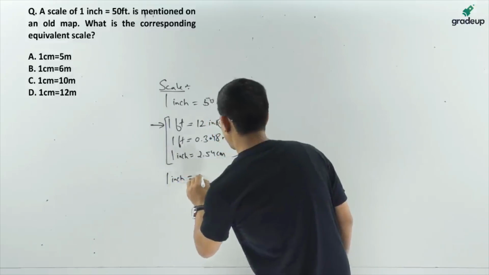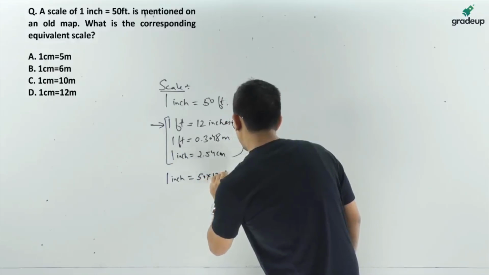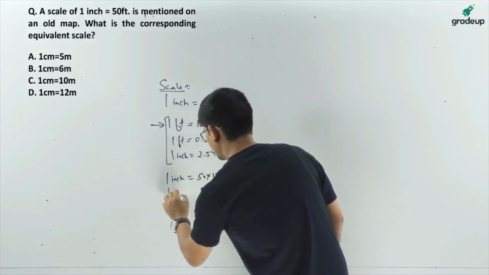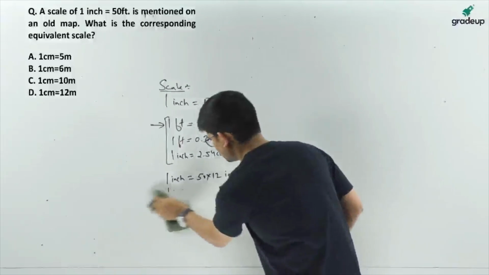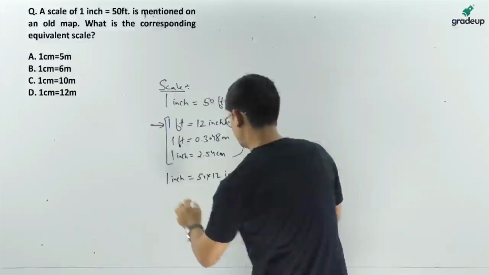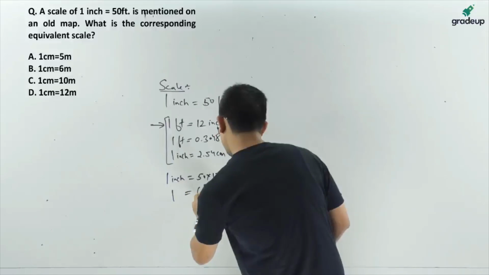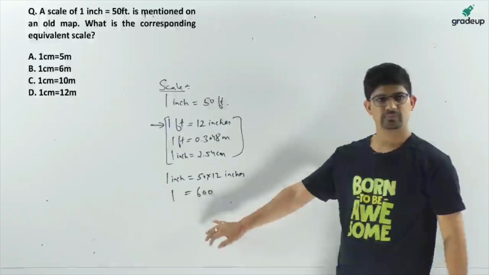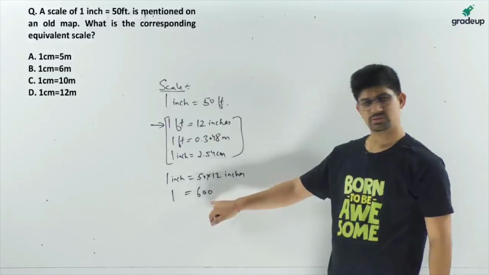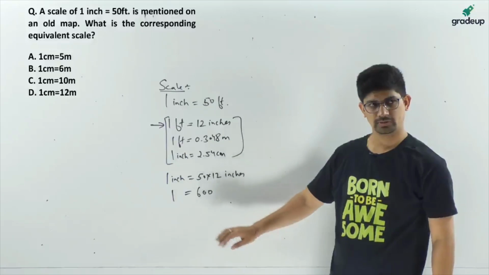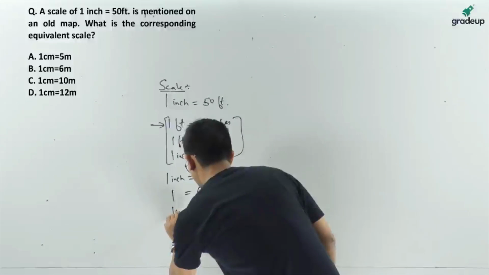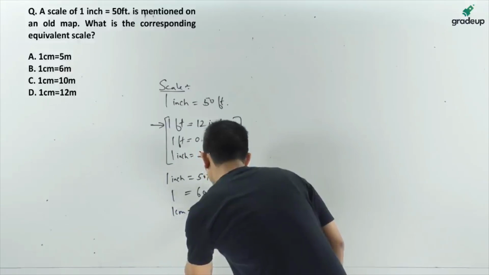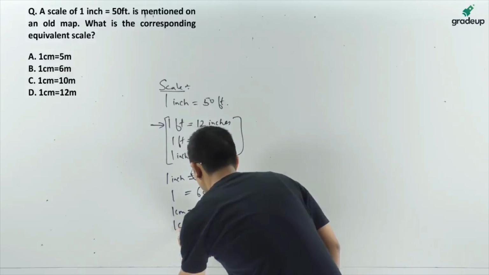So 1 inch is equal to 50 into 12 inches. So the scale becomes 1 is equal to 600. So 1 unit is equal to 600 units on the ground. Okay, so if I talk about centimeter and meter, so 1 centimeter will be equal to 600 centimeters. So 1 centimeter will be equal to 6 meters.